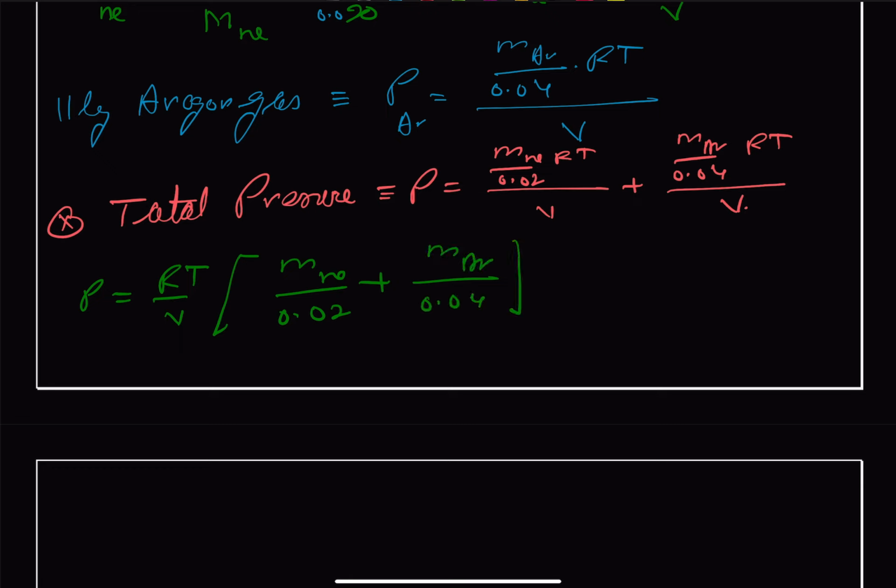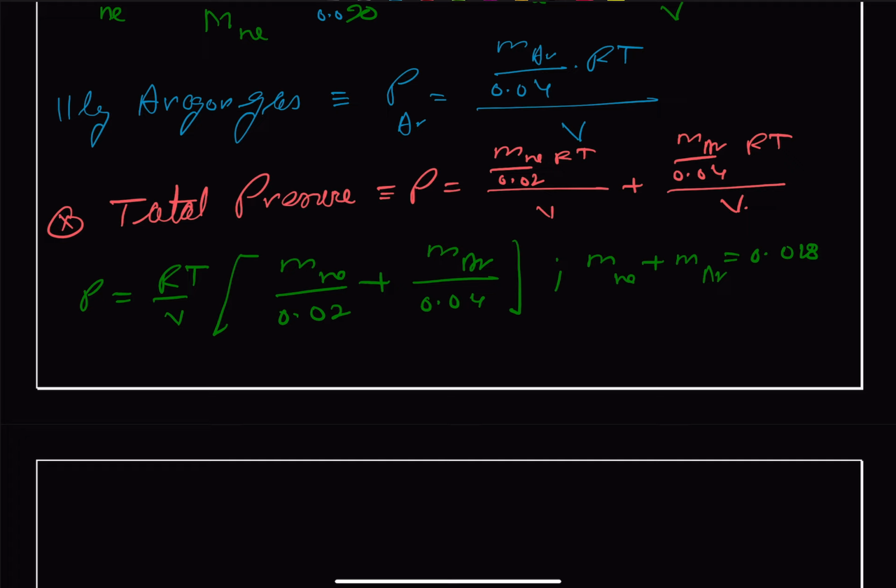But the total mass is given to us as 28 gram, which basically means that M of Ne plus M of argon is 0.028 kg. So this is given to us, and we simply substitute the values.